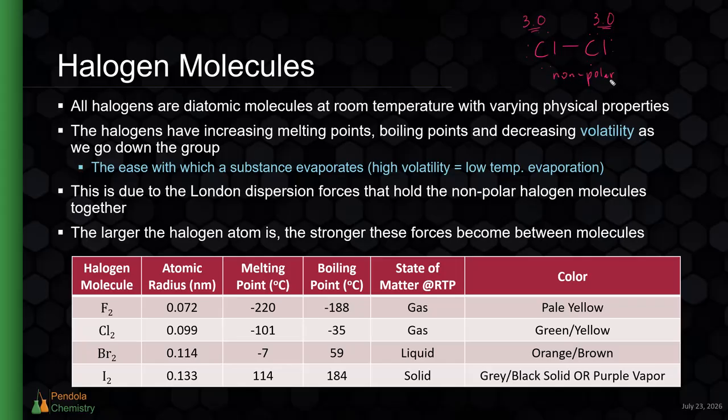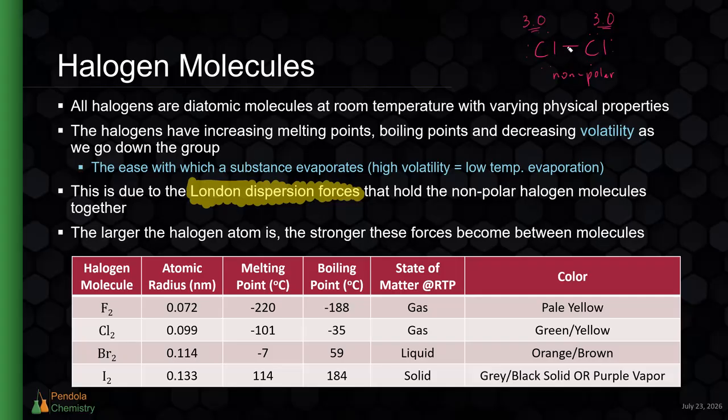Because it's a non-polar molecule, the only force of attraction between molecules of chlorine is going to be London dispersion forces. We talked about London dispersion forces and what makes them stronger already. Remember, the bigger the size and the flatter the molecule, the stronger the London dispersion forces.